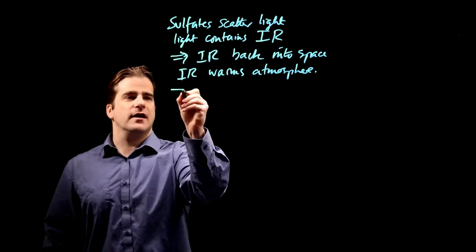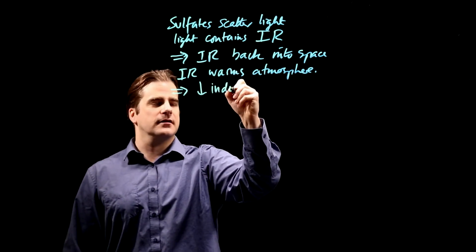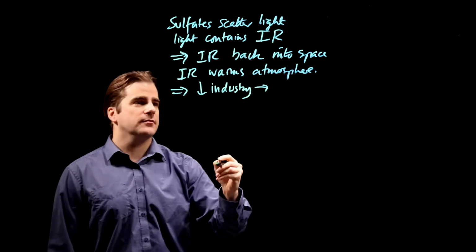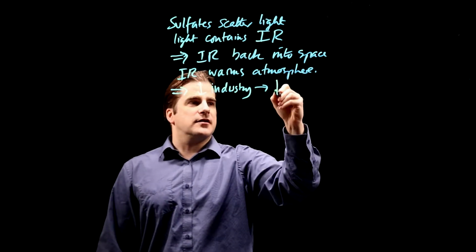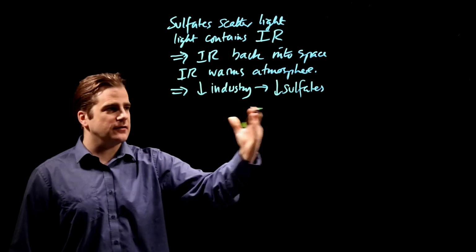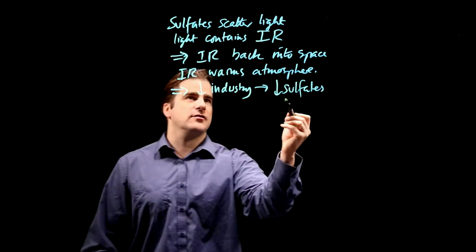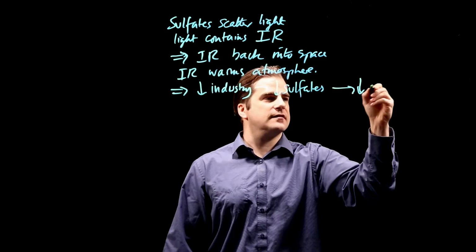Okay, so therefore, a reduction in industry will lead to a reduction in sulfates. This is just the logical sequence of events that you've got to write. Reduction in industry leads to a reduction in sulfates, so less scattering.